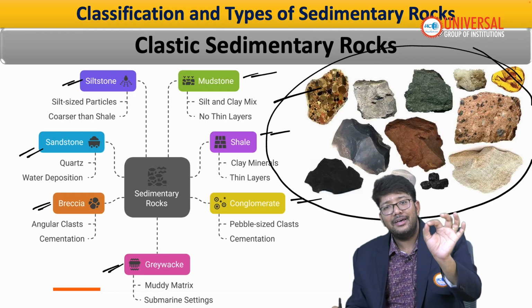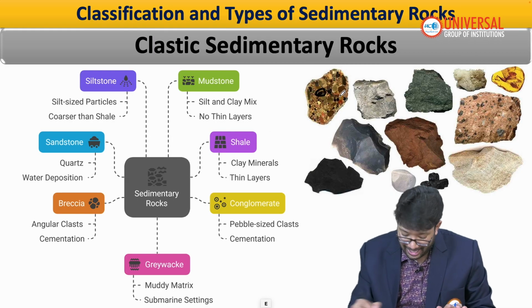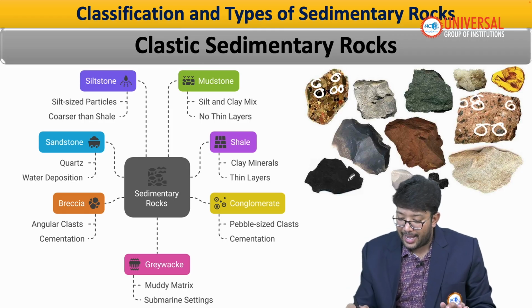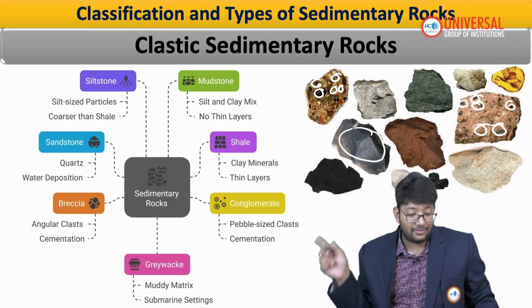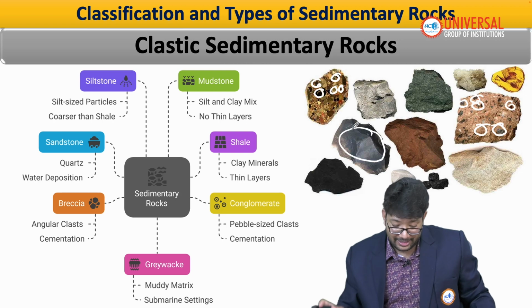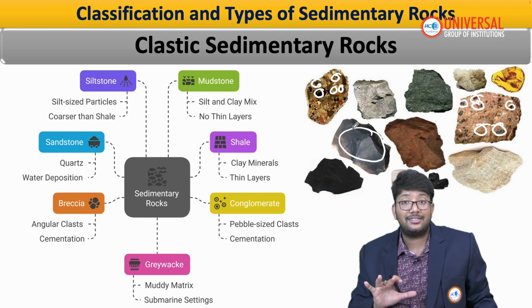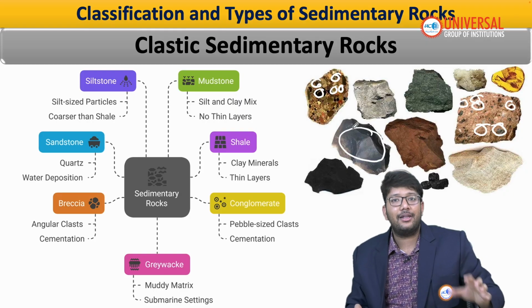And the reason is very simple, as you can see in the diagram itself, due to these clasts, these boulders, every stone has them. And what are these? These are not clastic, this is a different one. Clastic means we can literally see those parts. Chert is not in the clastic sedimentary rocks because it is very fine grained particles.